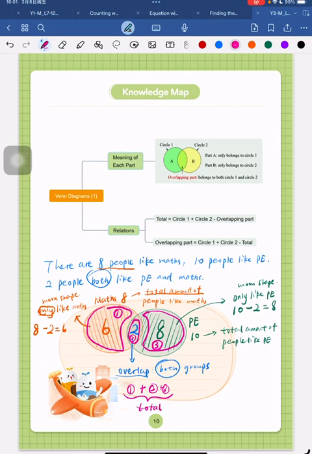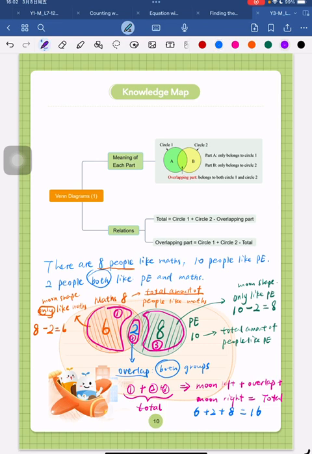See, this is a whole Venn diagram. So the first method is the moon shape on the left plus the overlap plus the moon shape on the right, so that we'll get the total. For this question, that will be 6 plus 2 plus 8, which is 16.